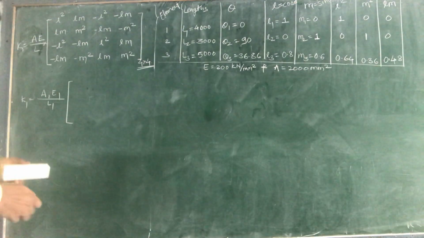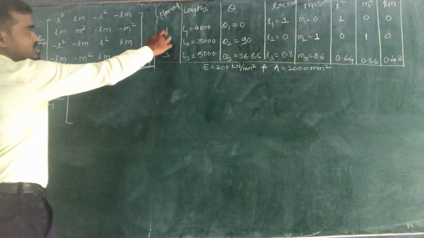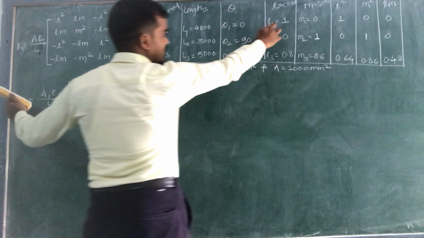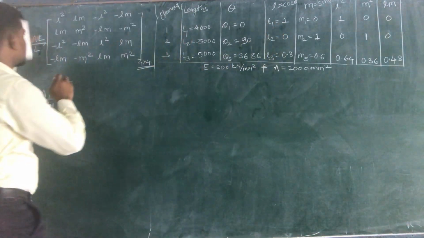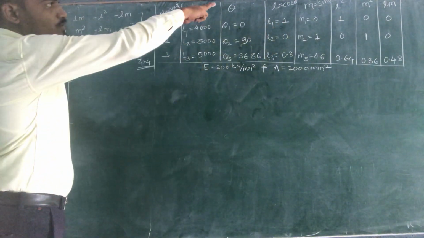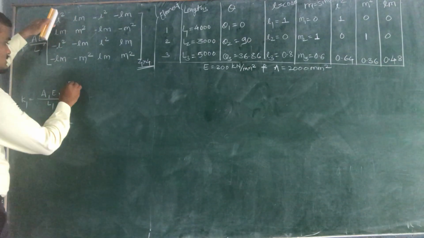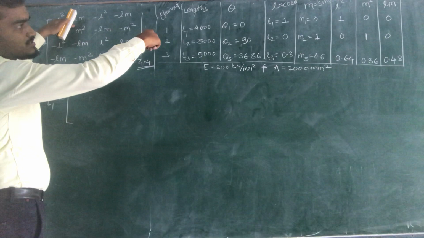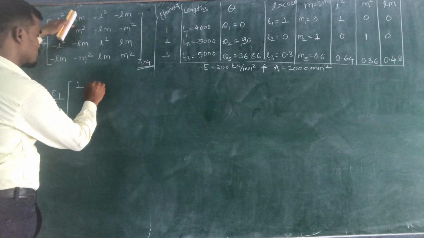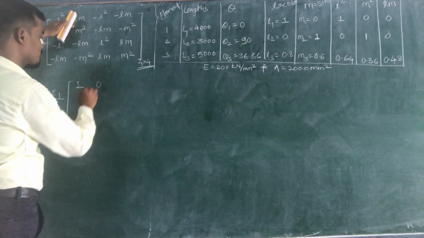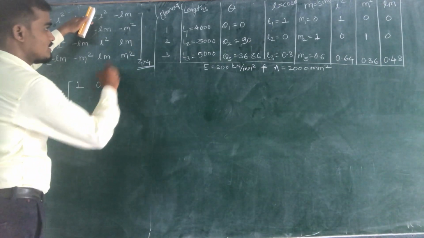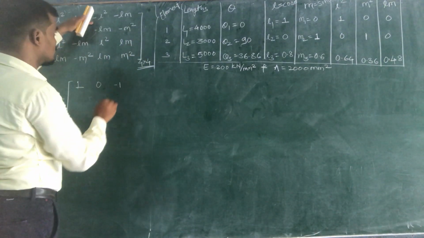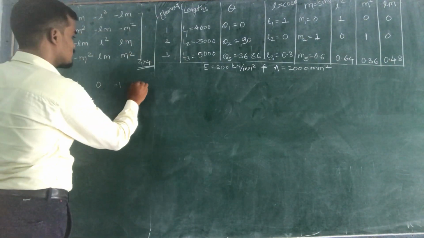For the first element, what is L square? L square is equal to 1 from this table. Lm is equal to 0. Minus L square is equal to minus 1. Minus Lm is equal to 0.